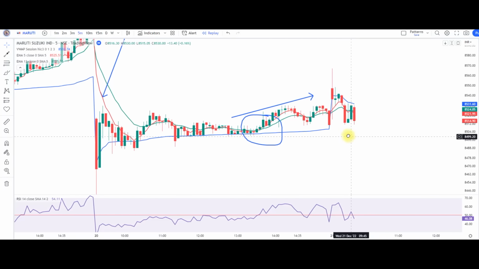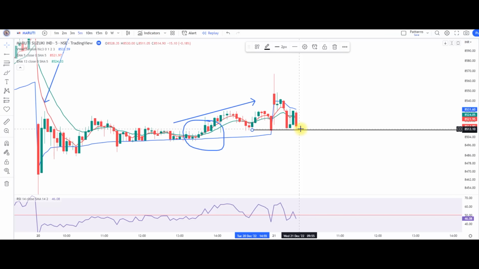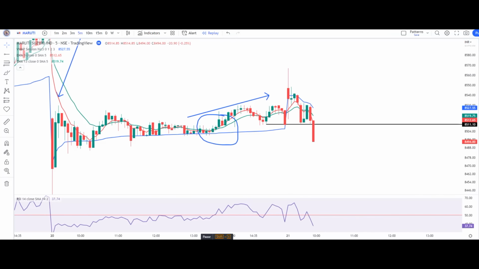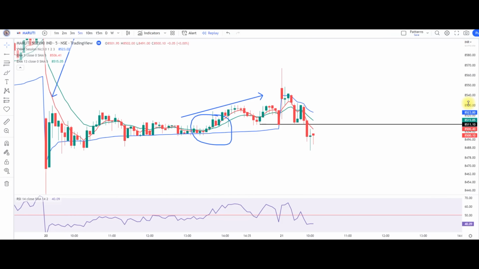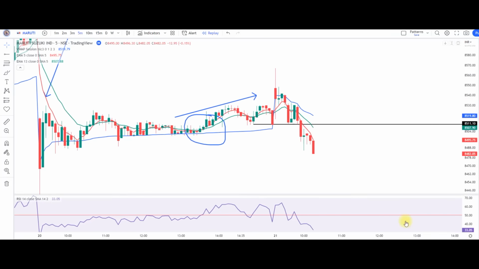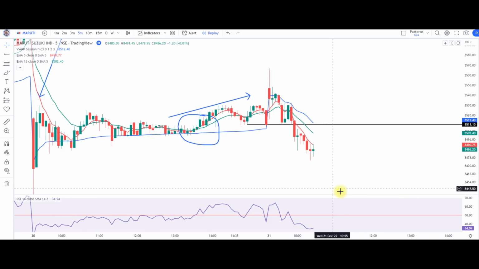And when you see here, the next day, the market opened at the same level and below this red candle, one can enter into the short trade. If any red candle breaches this low, one can enter into the short trade because all the conditions are met for us to enter into the short trade. So we can see now how the trade is going on. You can see here, after this level is broken, the market started falling down.